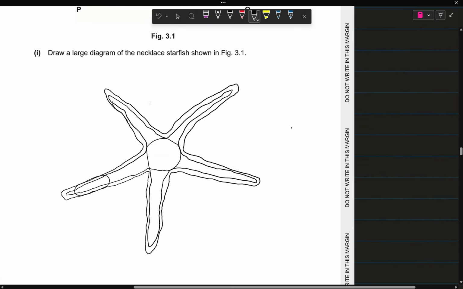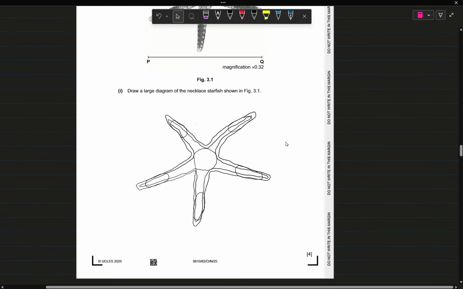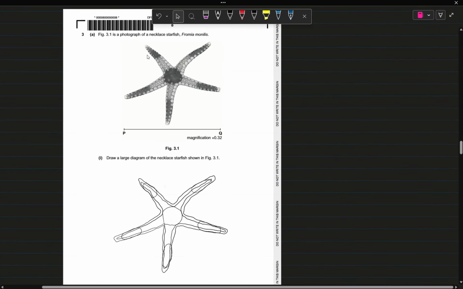After all, this is only a plan drawing, not a detailed drawing. A detailed drawing, you will not be having in your exam. You'll only be doing a plan drawing in which you only draw the outline. So you don't really have to worry about shading because it won't be accurate. The only way to have shading accurate is to look directly at the actual specimen.